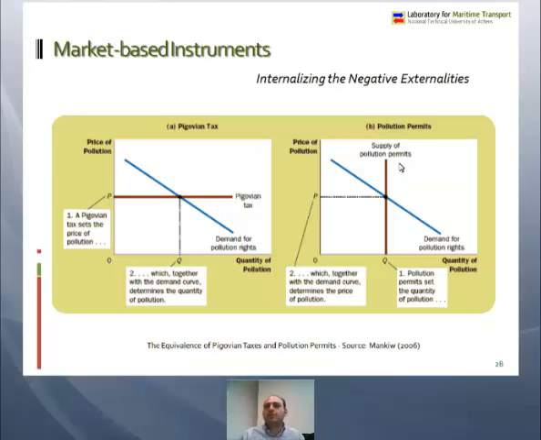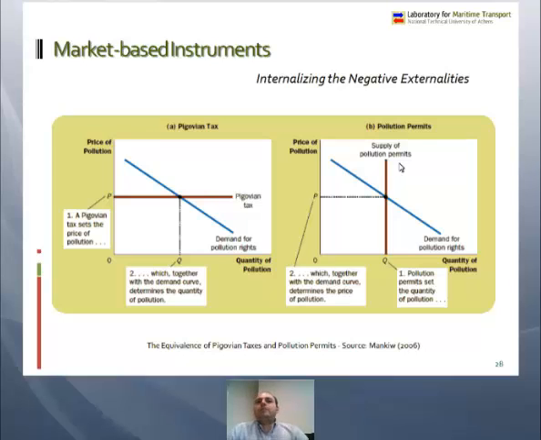So in the one case, the shipping company has a certainty on the price. In the other case, we don't have a certainty on the price, but we have a certainty on the amount that we will reduce. And that's the major difference between these two market-based measures.